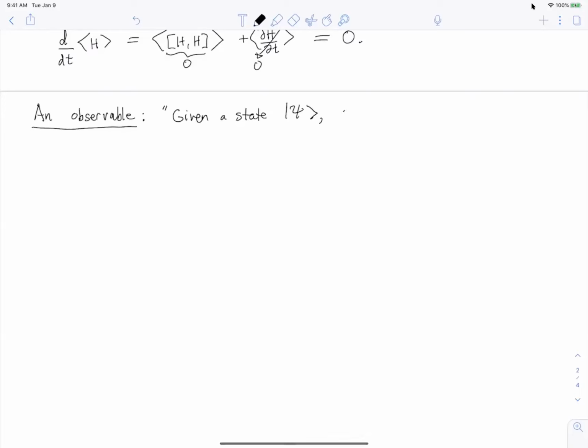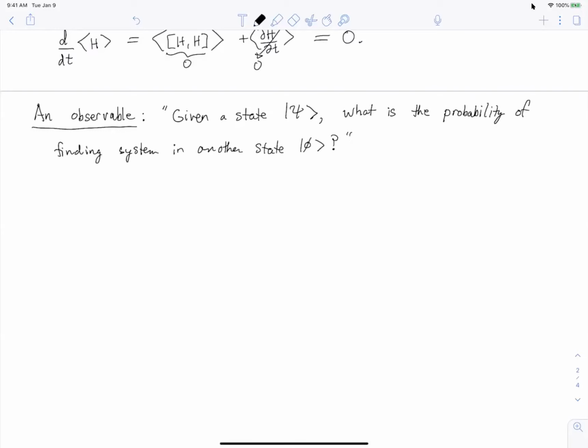What is the probability that you'll find the system in another state? And so we'll call the other state that we're asking the question about, we'll call it phi.